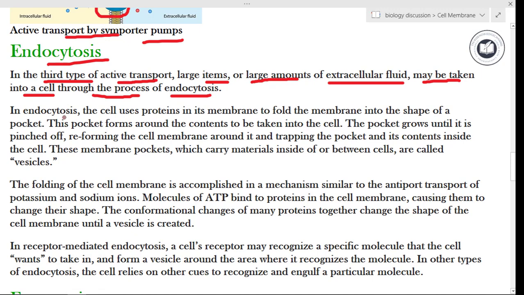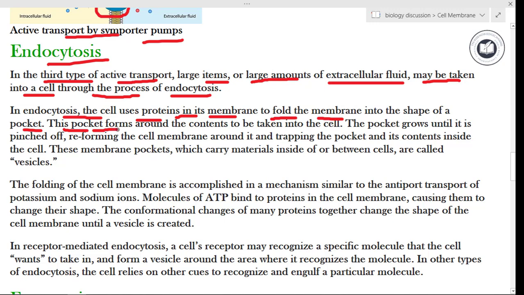In endocytosis, the cell uses proteins in its membrane to fold the membrane into the shape of a pocket. The protein is embedded in the membrane.